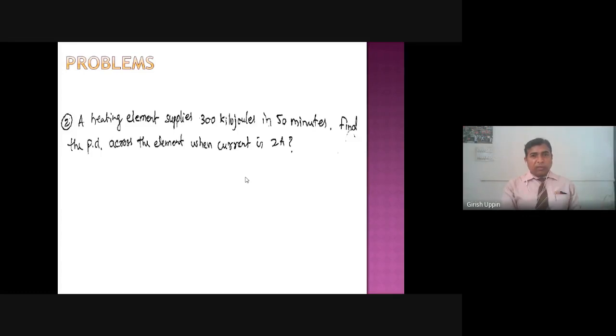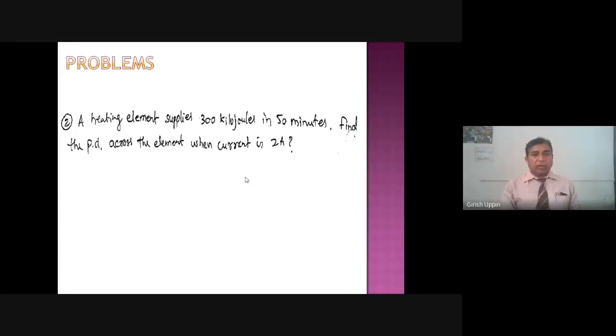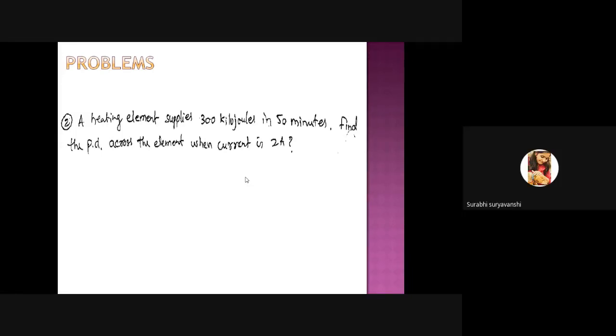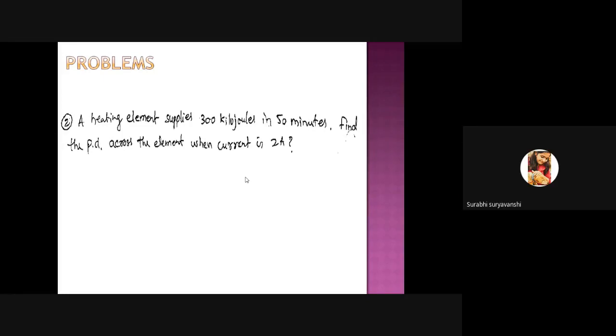If it matches, then we'll see the solution. 0.05 volt. Okay, let us go for the 0.5. Yes. Okay, 0.5 volts. Let us go for the solution.